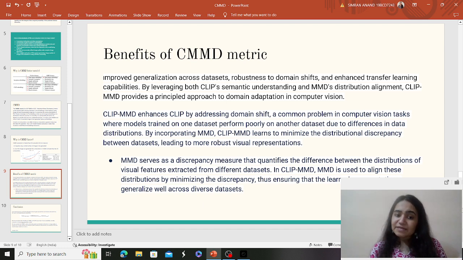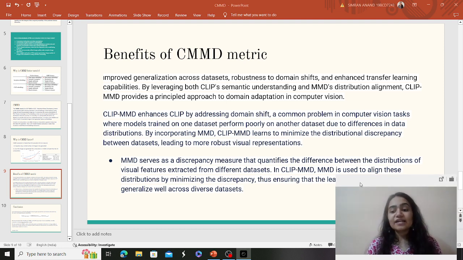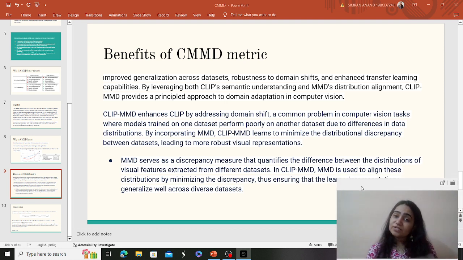Thus it minimizes the discrepancy, ensuring that the learned representations generalize well across diverse data sets. So it's agnostic to data set as well. It was agnostic to model. Now I would say that CMMD is also agnostic to the data set, because irrespective of whatever data set you're trying to generalize, MMD is able to generalize well across diverse data sets. Okay, and it's also observed that even problems like overfitting are not observed.